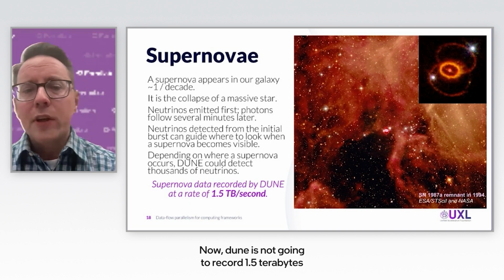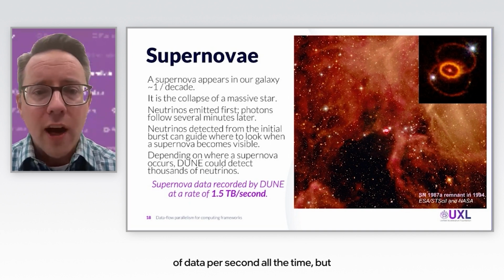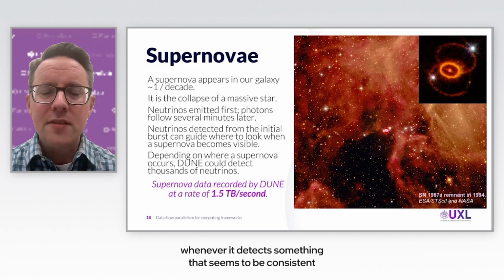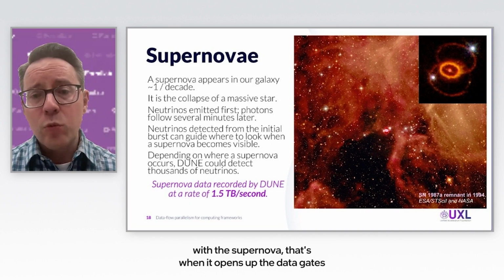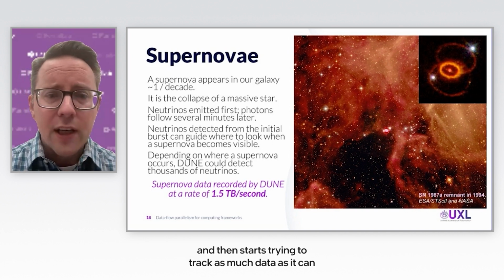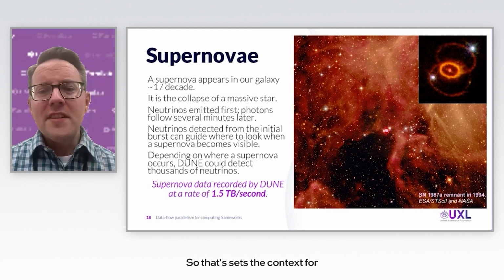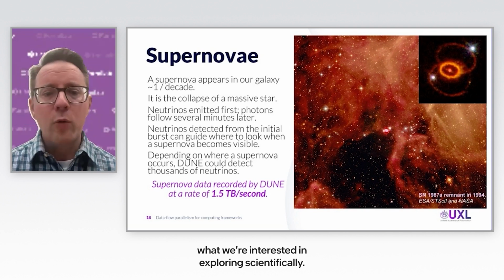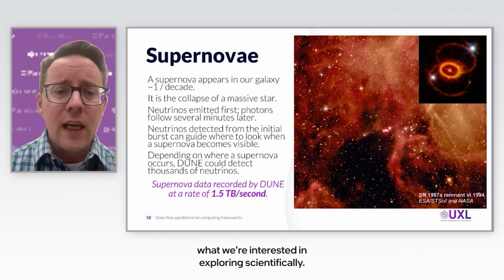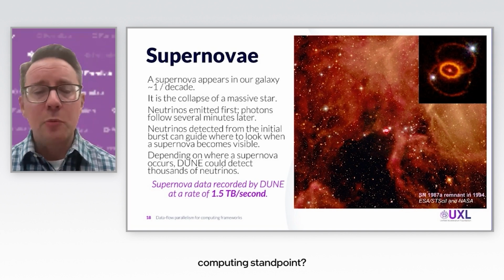Now, DUNE is not going to record 1.5 terabytes of data per second all the time, but whenever it detects something that seems to be consistent with the supernova, that's when it opens up the data gates and then starts trying to track as much data as it can for about 100 seconds. So that sets the context for what we're interested in exploring scientifically. Now, how do we actually look at these things from a computing standpoint?